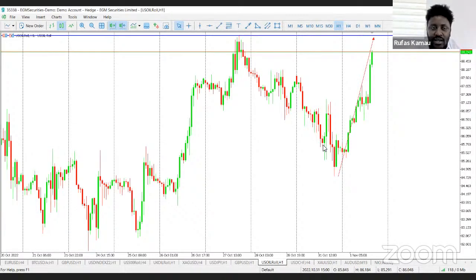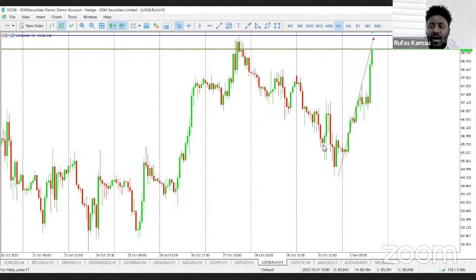The other key thing to consider, especially for the US crude oil, is that the Saudi Minister of Energy mentioned last week that the US has been manipulating oil prices by using its strategic oil reserves. This has been happening since March.